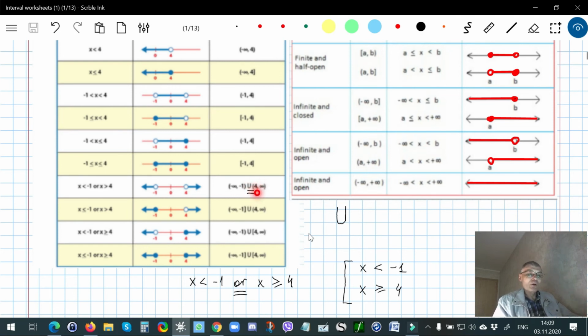And from positive 4, open, to positive infinity. So here, a good idea is to always follow from negative infinity and write all our intervals in order.